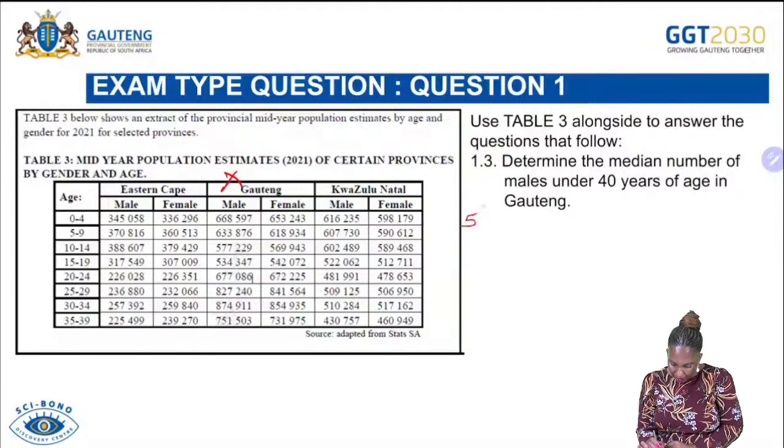We quickly arrange our data set. It will be 534,347, and then we are done with it, followed by what? By 577,229.